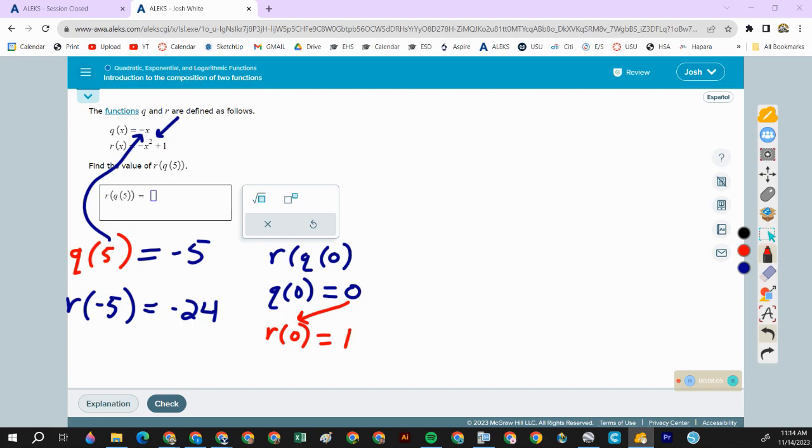Yeah, I just made a new problem. So what about R of Q of 1? So Q of 1 is -1. What is R of -1? -1 times -1 is 1. Make it negative. Plus 1, 0.